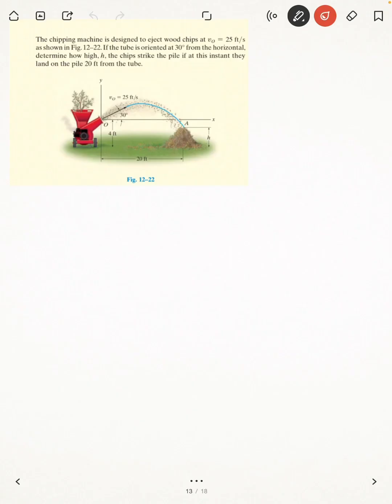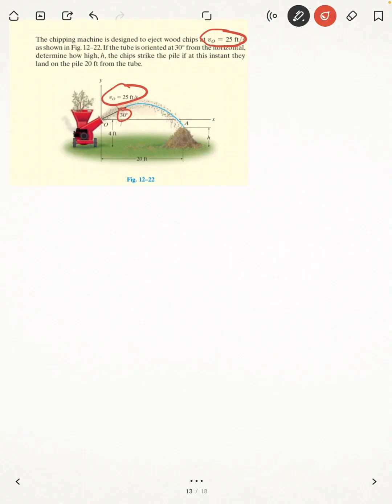So in this example, you see the chipping machine is designed to eject wood chips at an initial velocity v naught equal to 25 feet per second, as shown in this figure. So this is your v naught. Okay, and the initial theta naught is given as 30 degrees from the horizontal.